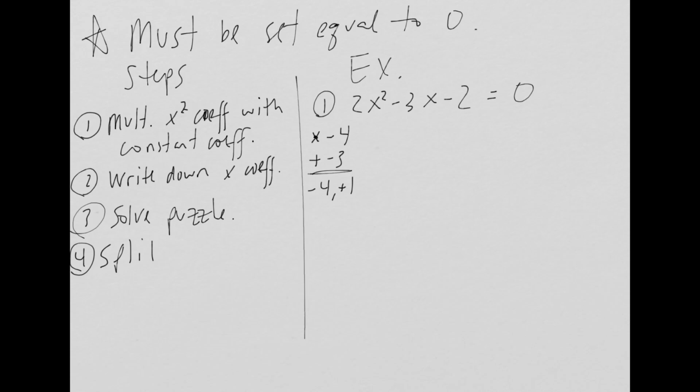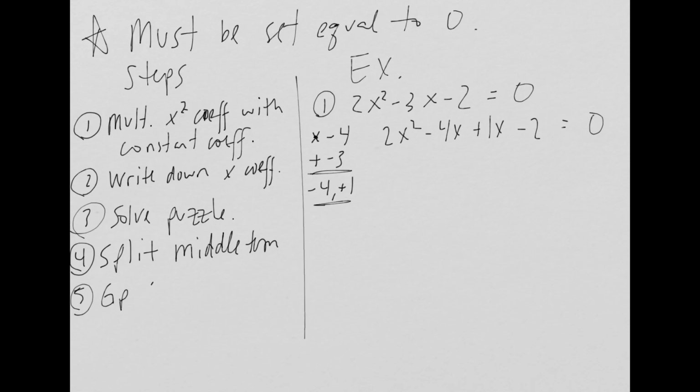What we're going to do with those two numbers is split the middle term. So I come up here to my equation again. Instead of writing that negative 3x, I'm going to use these numbers. Negative 3x is the same as negative 4x plus 1x, or just x, doesn't matter. So again, instead of writing that middle term, use the numbers that you just thought of when you solved the puzzle and rewrite it.